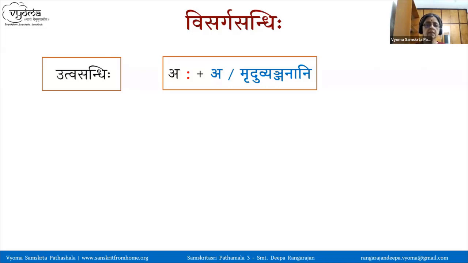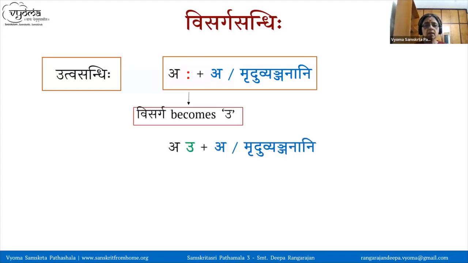That is one condition. Or hrasva akara followed by visarga followed by mridu vyanjana. That is the second condition. In both these situations, you will see that visarga becomes an ukara. So a followed by u.